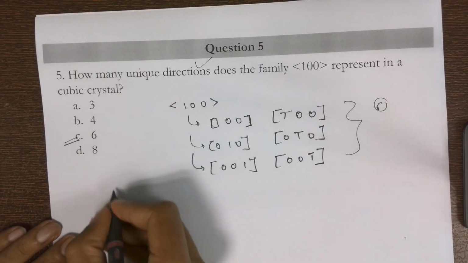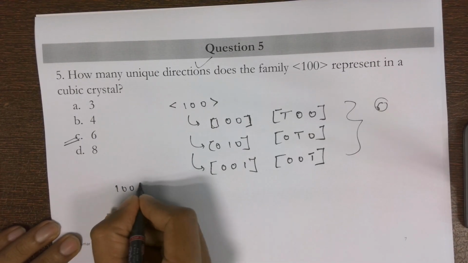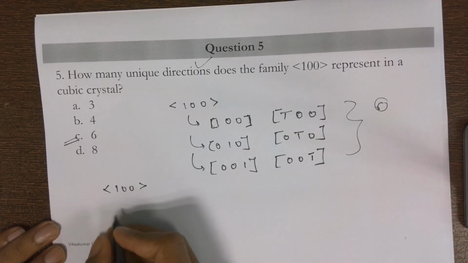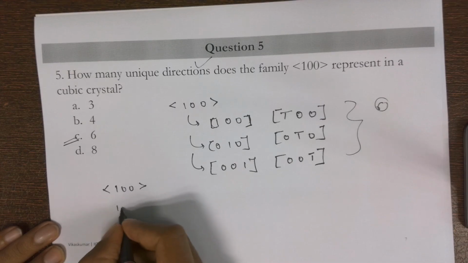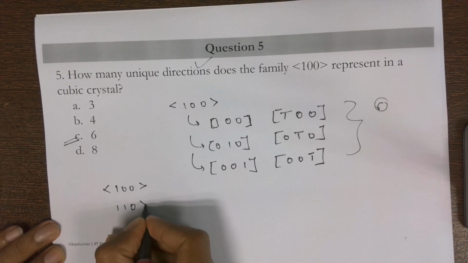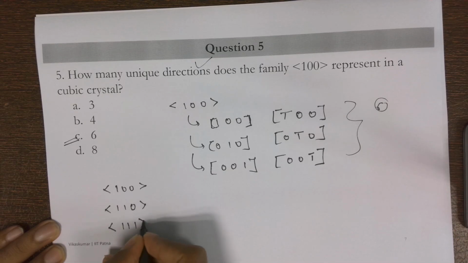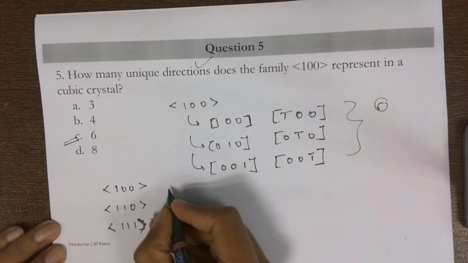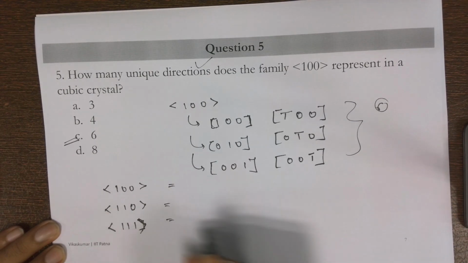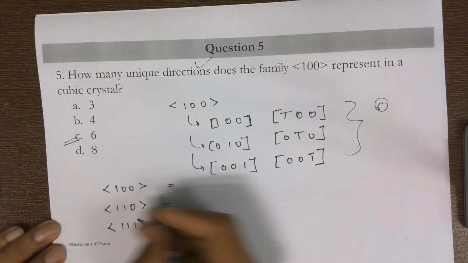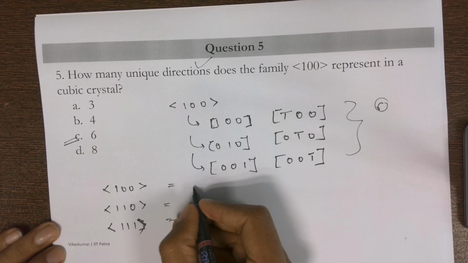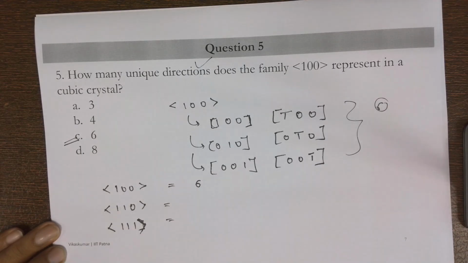If I change from 1, 0, 0 and I make it 1, 1, 0, or I make it 1, 1, 1. What will be the value in that case? How many unique directions are they representing? Here we can say it's representing overall 6 directions.